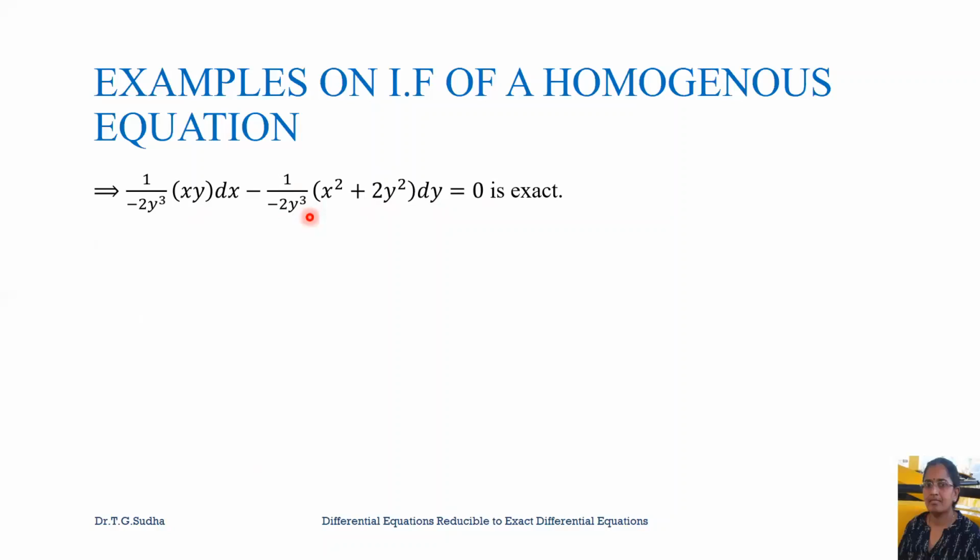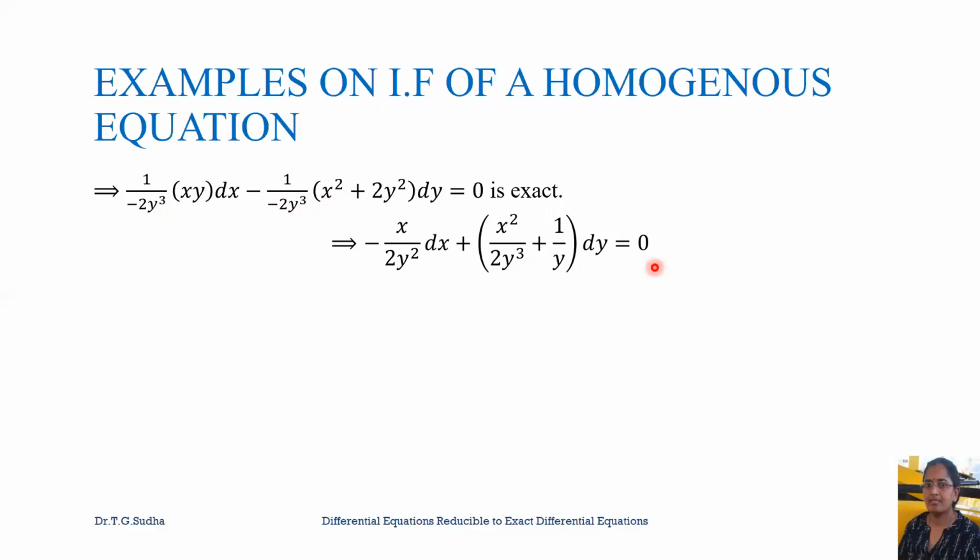Since we have multiplied by the integrating factor, this equation becomes exact. Let us simplify the terms here and we get minus x by 2y square dx, because one y gets cancelled here. And now let us multiply by 1 over minus 2y cube between these two terms. So we get x square by 2y cube plus 1 by y into dy equal to 0.